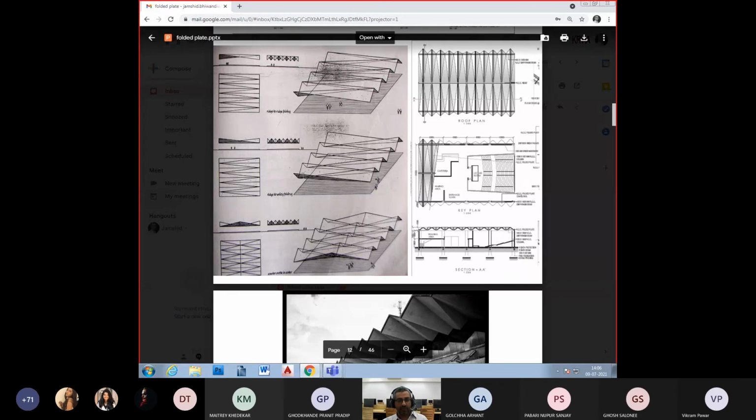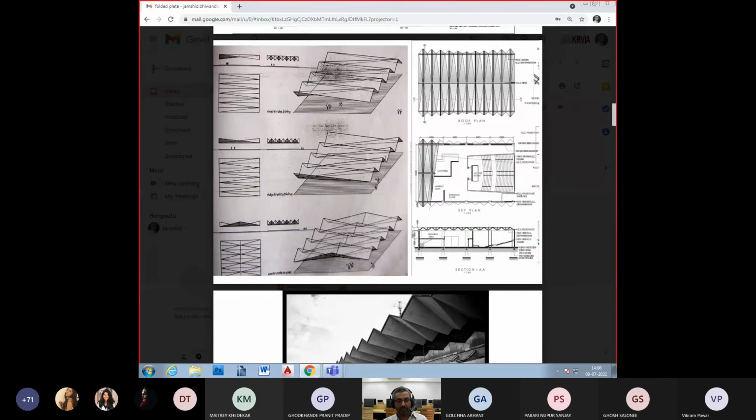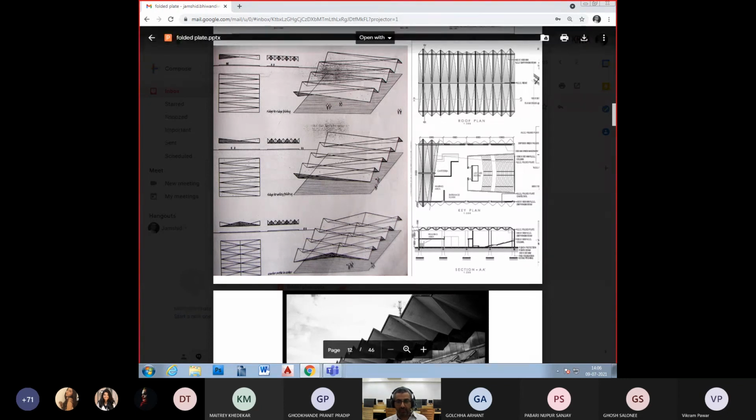You can look at how the alternating forms help in drainage as well as creating interior spaces. Here you can look at how the central ridges are uplifted in order to create slopes on the other ends.